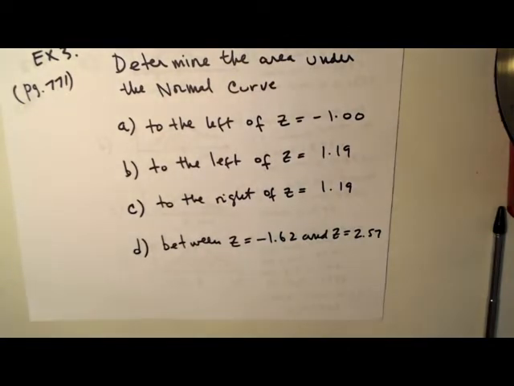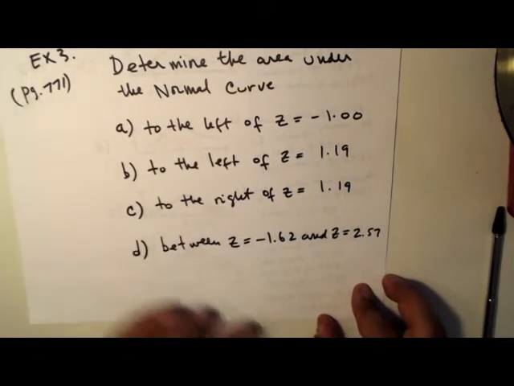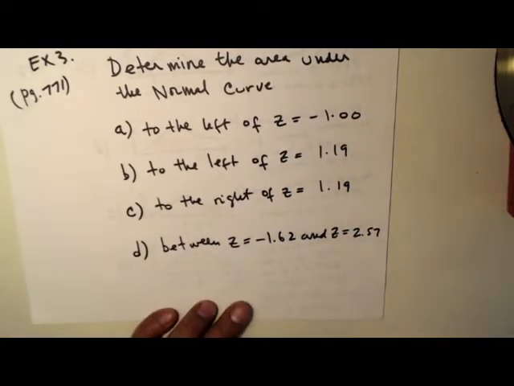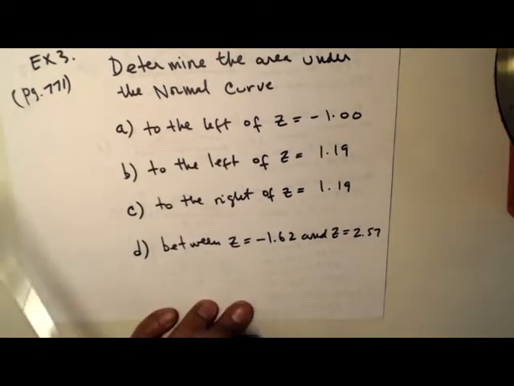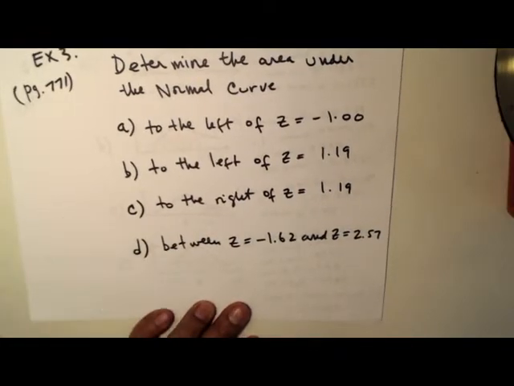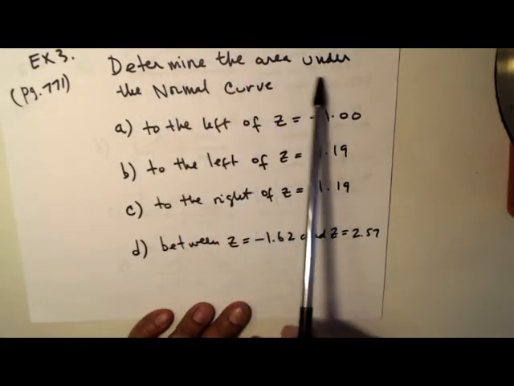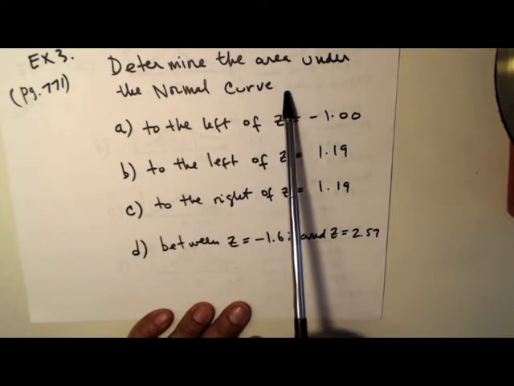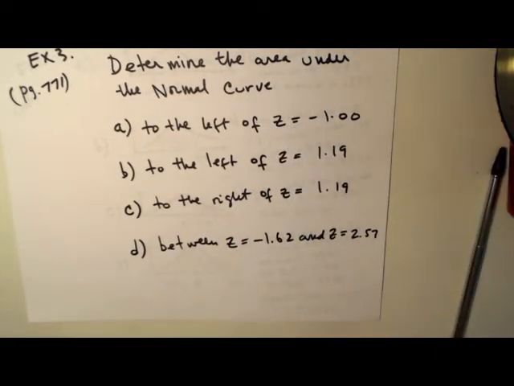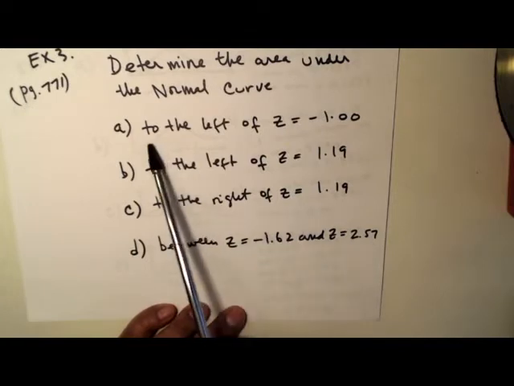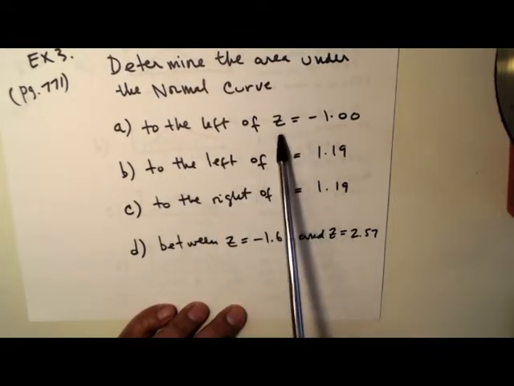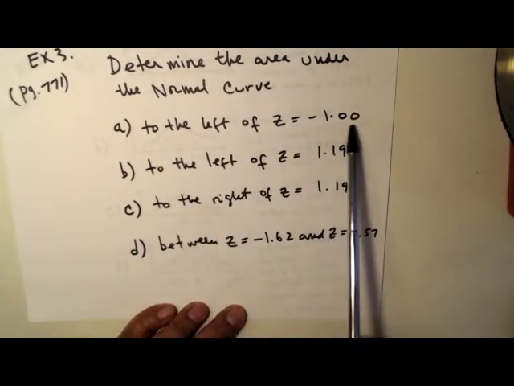So here we have an example. On page 771, it says determine the area under the normal curve. So remember, when they're telling you about a normal bell-shaped curve, you always draw the curve first, and then you start to calculate the values. A: to the left of Z equals minus 1.00.